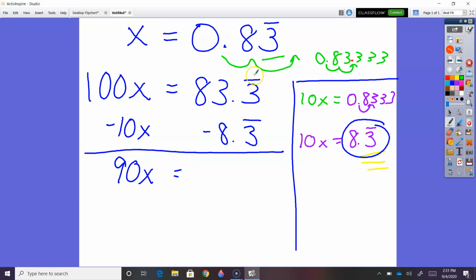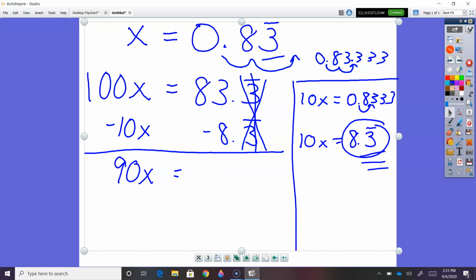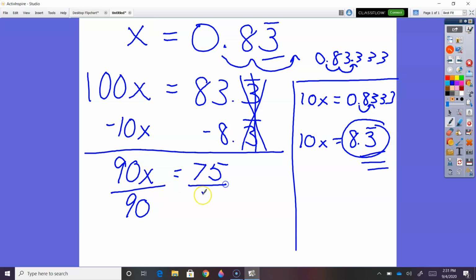My repeating 3's cancel out. 83 minus 8 gives me 75. Then I'm going to divide by 90. My 90s cancel out.